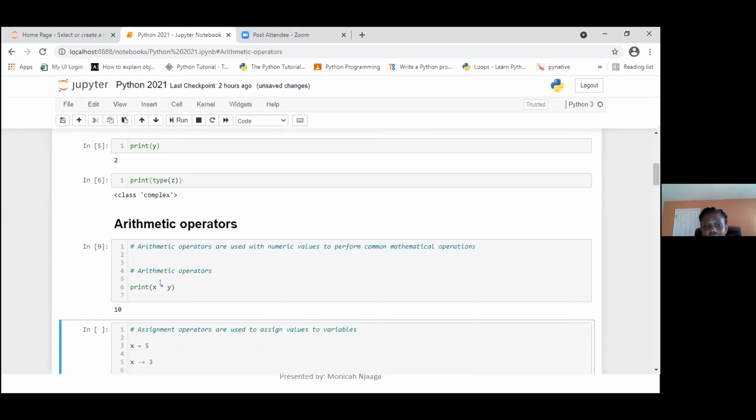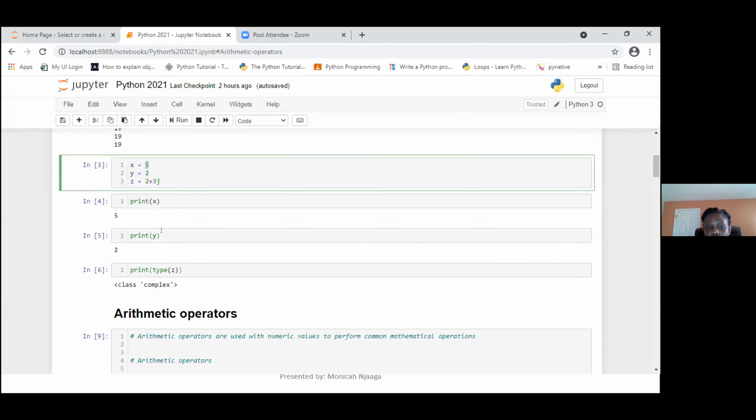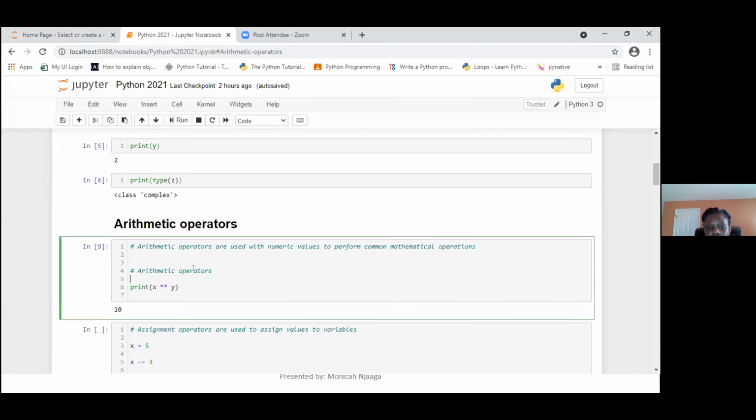And then I'm going to talk about the exponentiation, which is the power of, and I'll also talk about the modulus and floor, which I had to research myself, even though I did math. So exponentiation. So what we are doing, we are raising 5 to the power of 2, right? So the expected answer here is 25, and that is what we are getting.